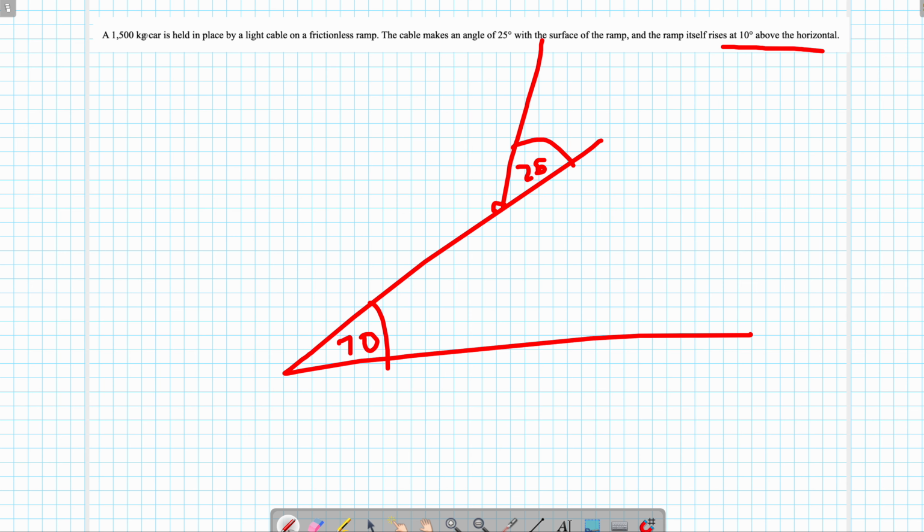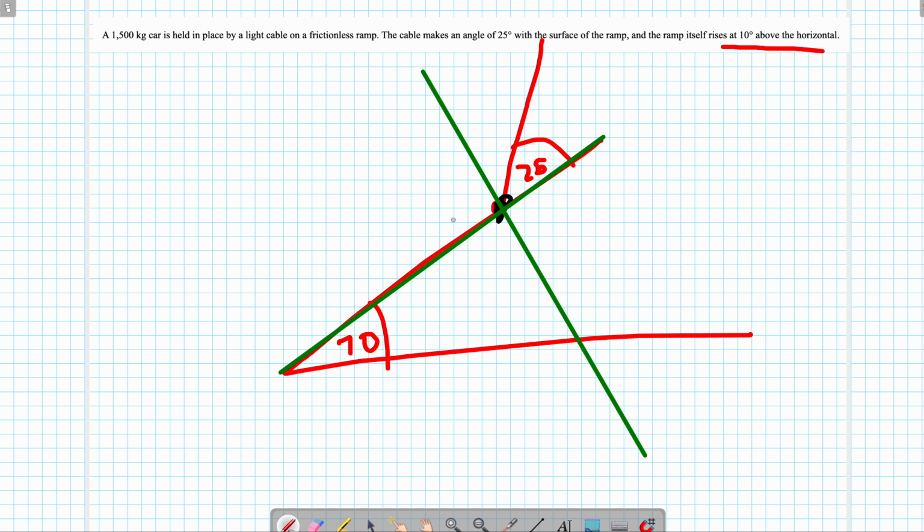Let's say this is the object. Now let's draw the axes. X-axis, Y-axis.